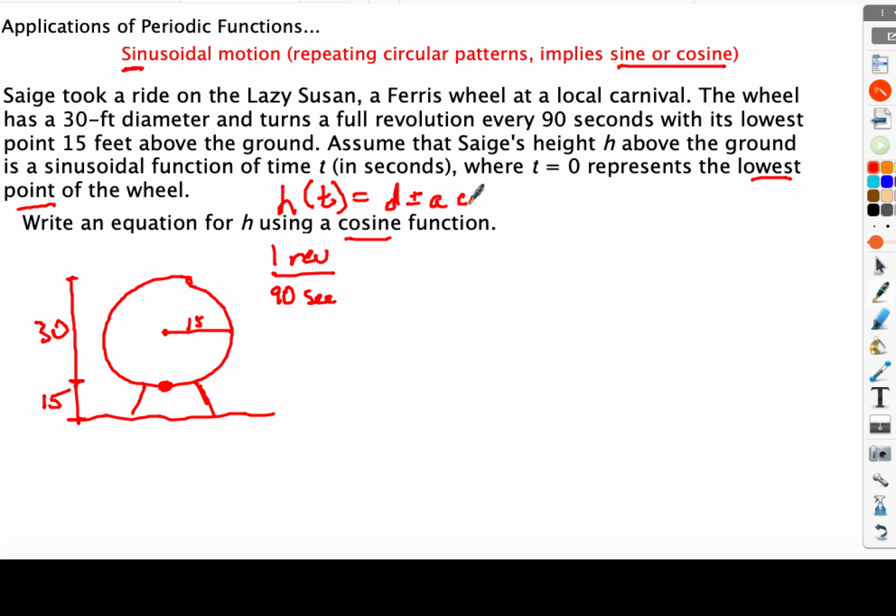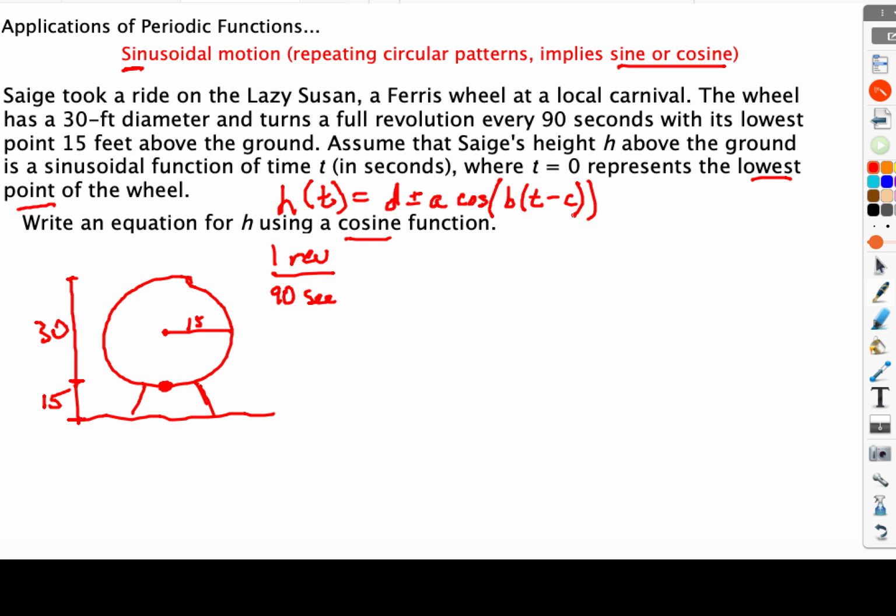We're going to deal with a cosine this time, but we could easily have said sine. Inside of our function, we set this up as b, which deals with the period of our function, times t, normally we would have said x, minus c. That's the phase shift idea, whether or not we need to shift left and right.